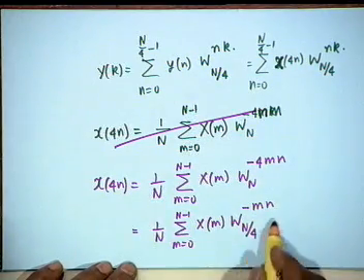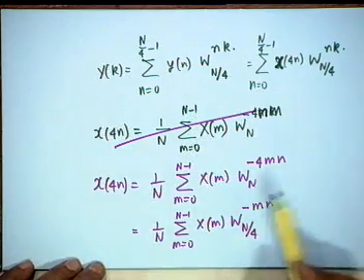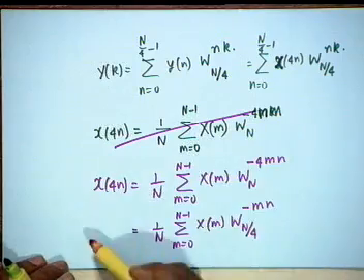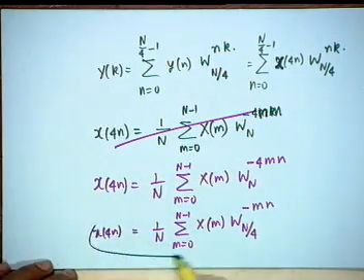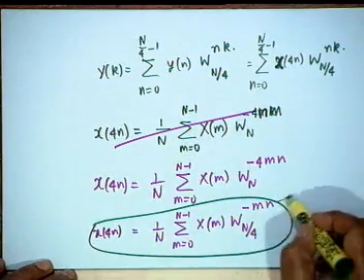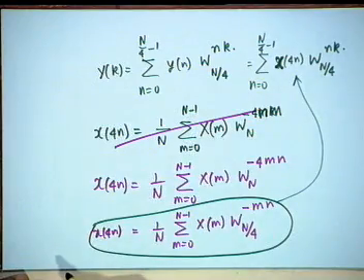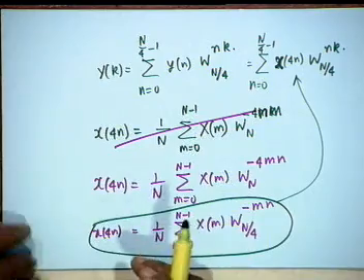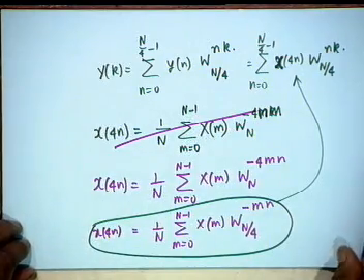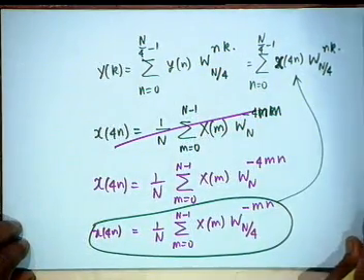And I now substitute this, substitute x of 4n, I substitute this here. I get a double summation and we apply the same trick, that is, interchange the summations. Let me write it down.